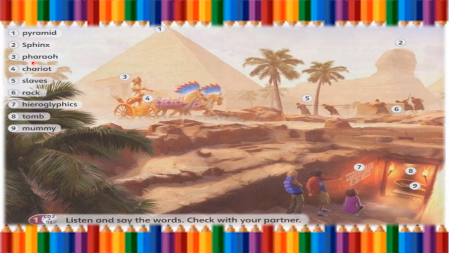Number 3. This is number 3. Pharaoh. Number 4. Excellent. Chariot. Araba. Number 5. Yes, slaves. Slaves.